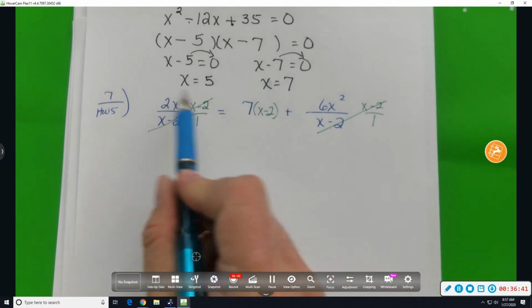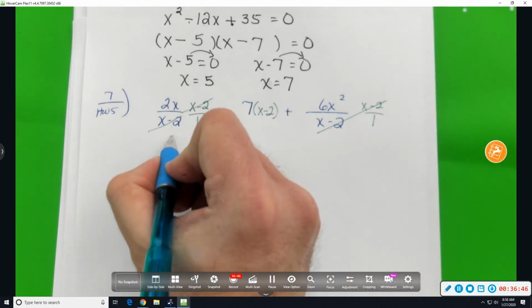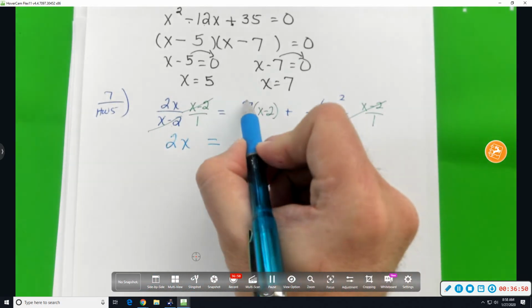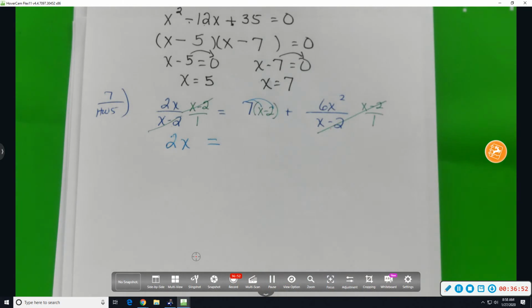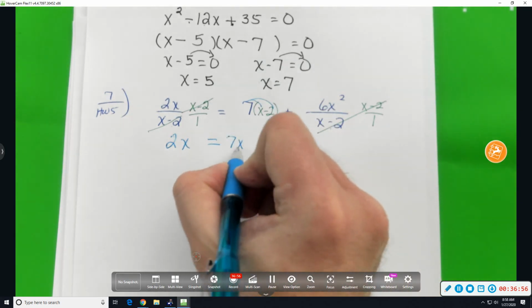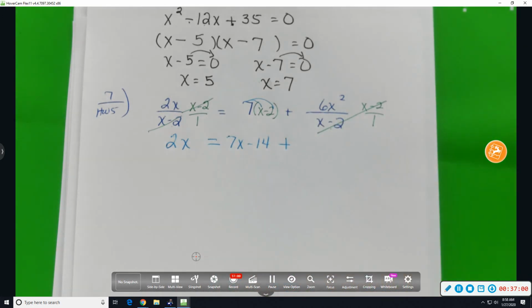See, like right here, once I cancel the x minus 2, all I have is the 2x. Over here, I can distribute that 7x, so that would be a 7x minus 14. And then plus, what am I about to write? 6x squared.